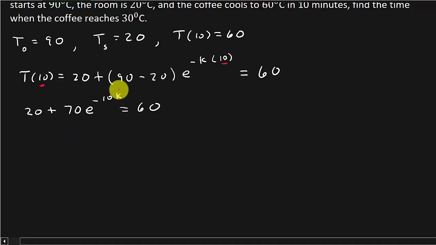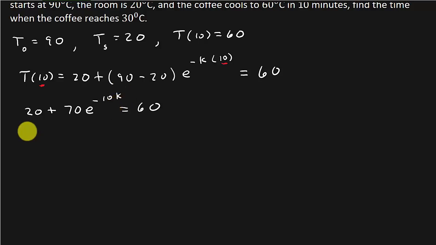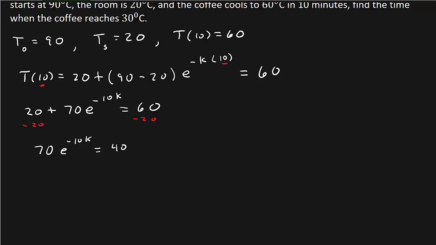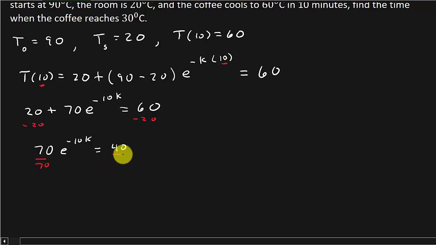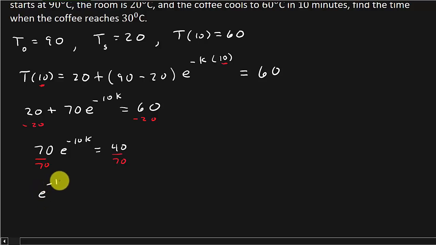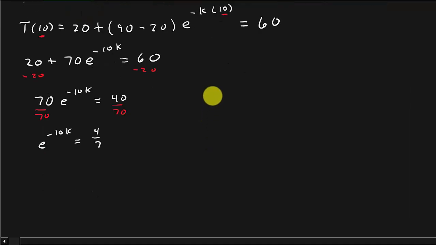And so what we have to do here is solve for k. If I subtract 20 from both sides, I get 70e to the negative 10k is equal to 40. Then I'm going to divide both sides by 70, and that gives me e to the negative 10k is equal to 4 over 7.